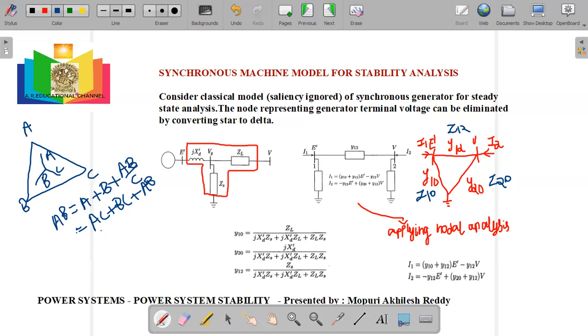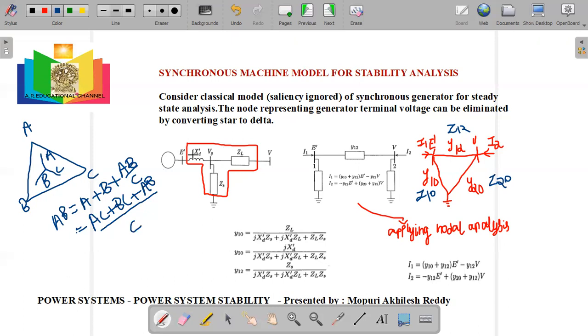Now, if you want YAB, you should invert it. So what you will get is C by AC plus BC plus AB. The same thing: Z10 is coming here, so it is jXd plus jXd' plus Xs plus jXd' Xs by ZL.